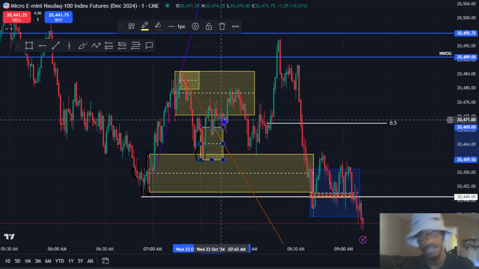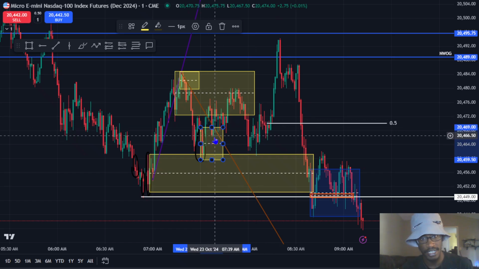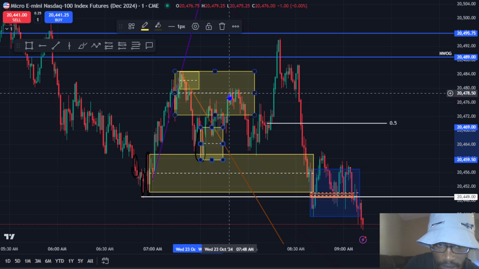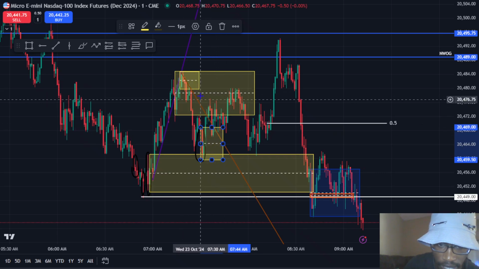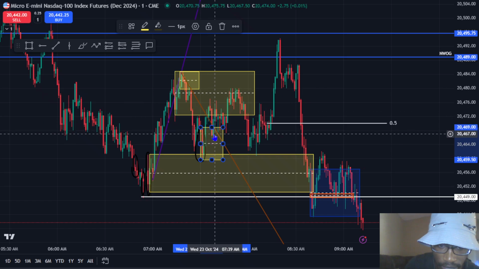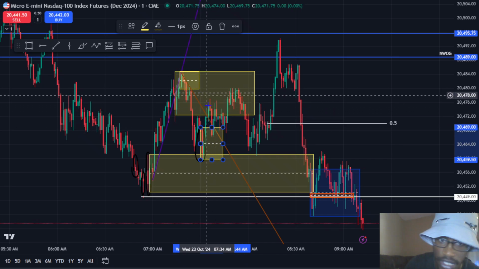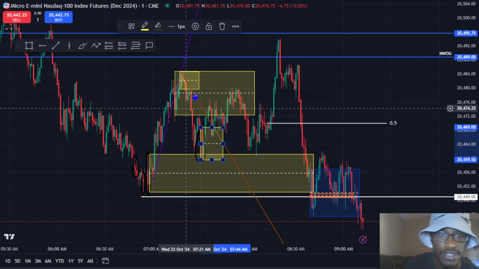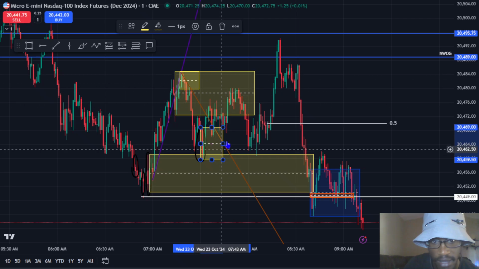Price would have been playing around at break even, or you'd be slightly in profit if you managed to get in at the bottom of this. Take profit would have been at this high, or if you knew there was an unmitigated zone up here, you could target that.